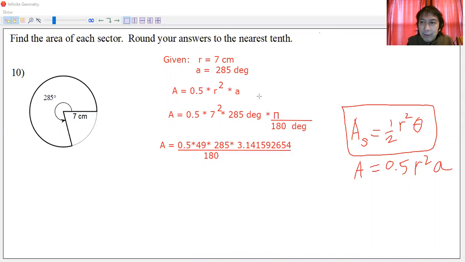We shall multiply the four numbers: 0.5 times 49 times 285 times pi. That results to 21,936.1707. This is to be divided by 180.